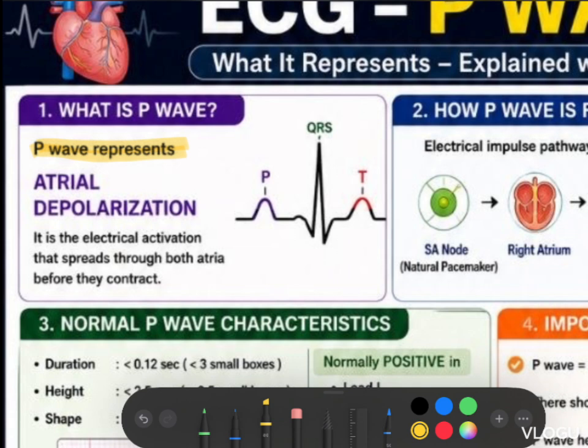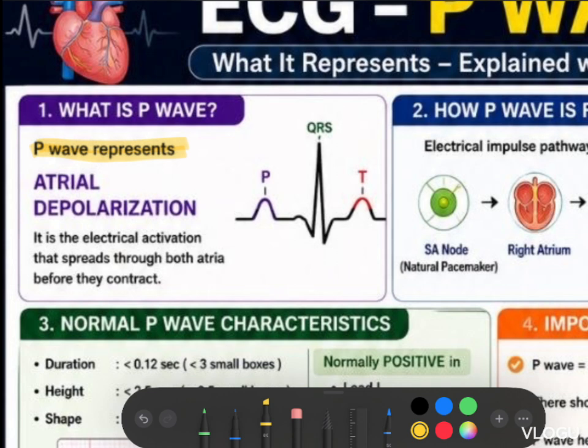This electrical activation is called depolarization. Depolarization occurs first, and contraction occurs afterward. The electrical activity we call depolarization, and the mechanical activity we call contraction.